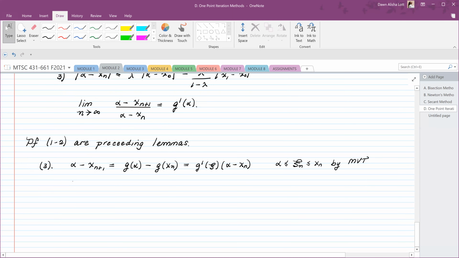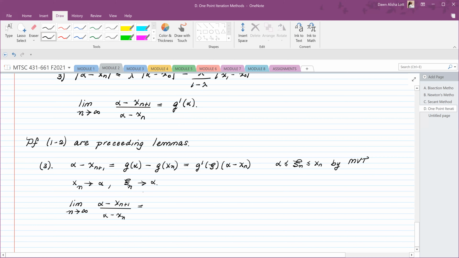So now xn is going to alpha, and cn is also going to alpha. So you get the limit as n approaches infinity of alpha minus xn plus 1 divided by alpha minus xn.